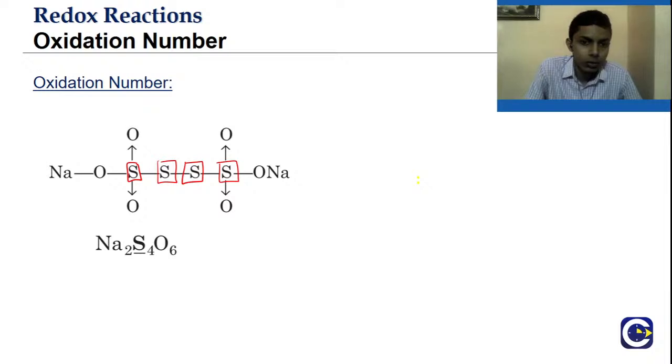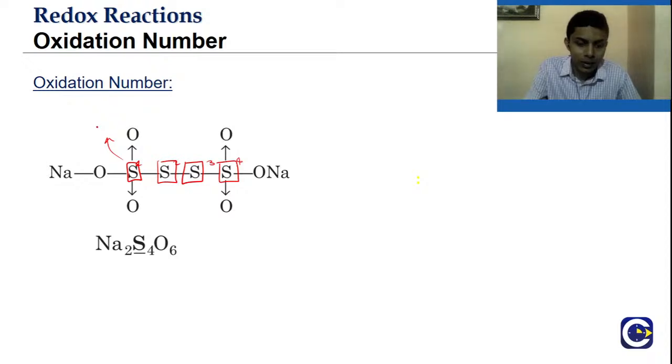What will be the oxidation number of each sulfur? Maybe you can take this as 1, 2, 3, 4. Quickly reply. Yes. What is it? Yeah. Not more than 30 seconds. It should be very quick. For the first one, how much is it?